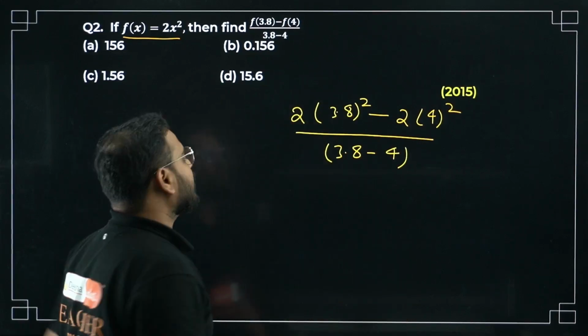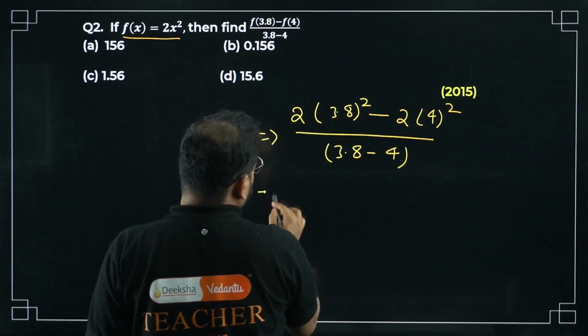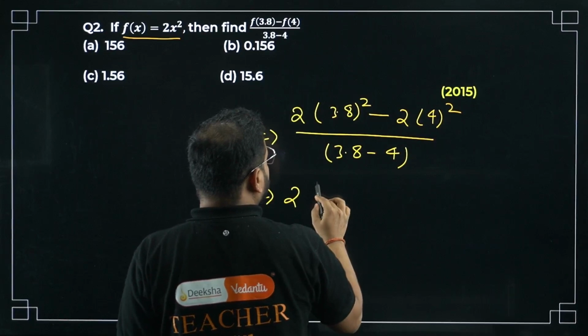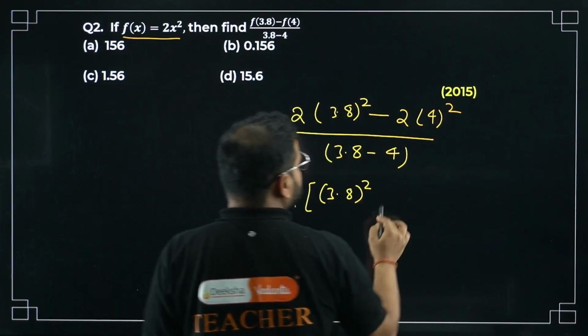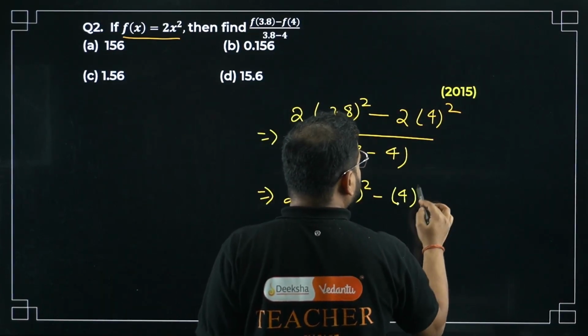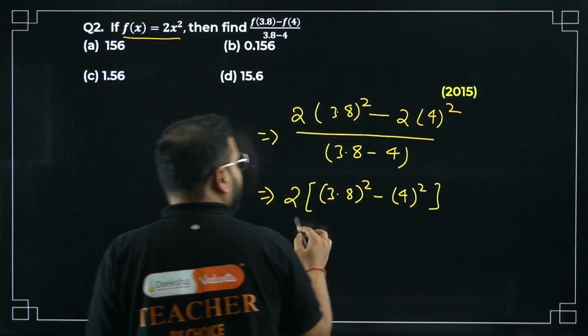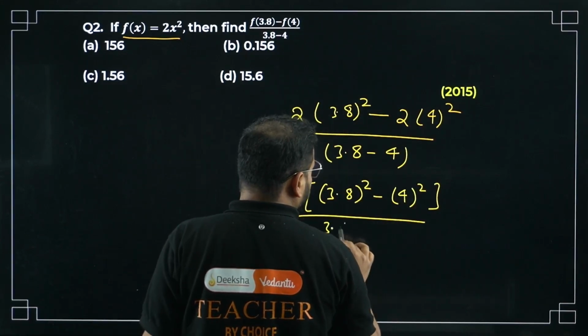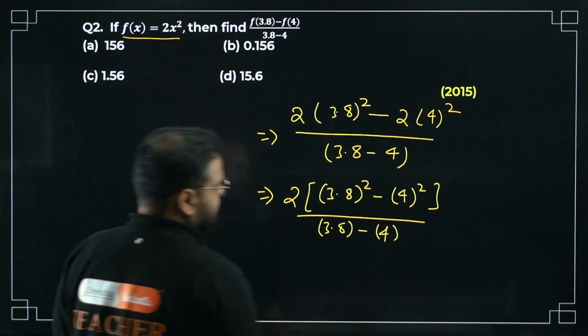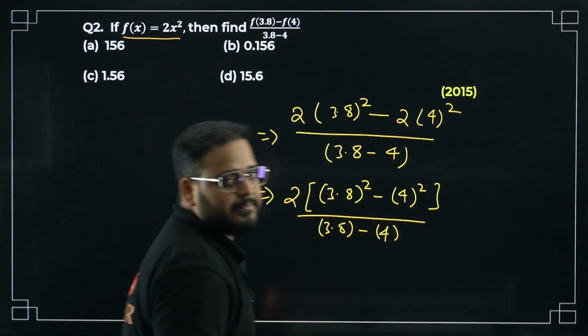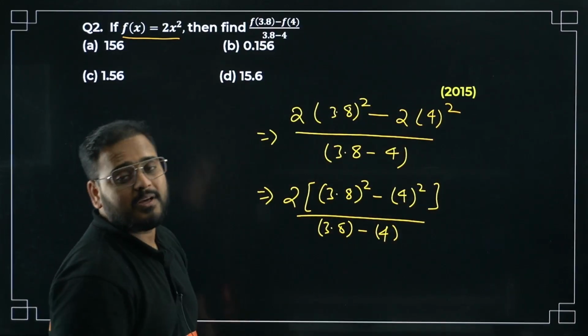Can we take 2 common in the numerator? Of course we can do it, sir. Let's take 2 common. What I get? 2 times of (3.8 square minus 4 square) divided by (3.8 minus 4), na, sir.